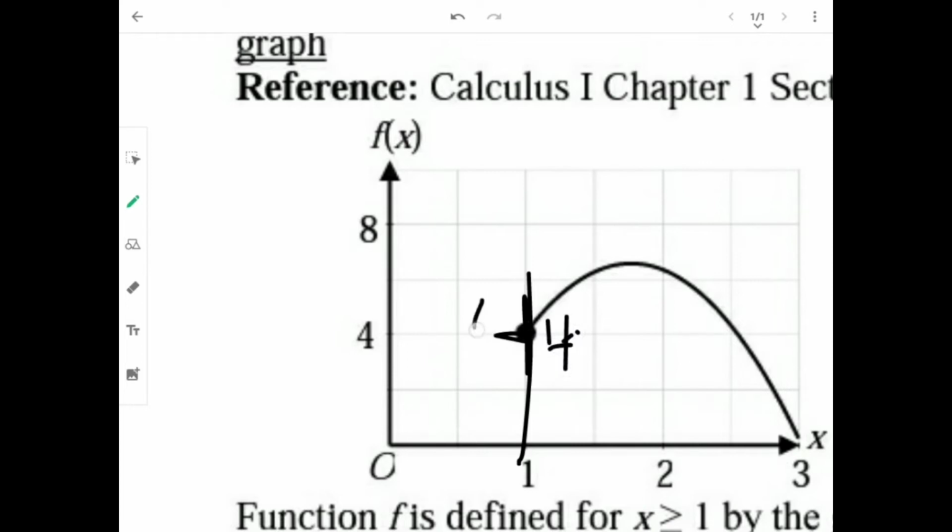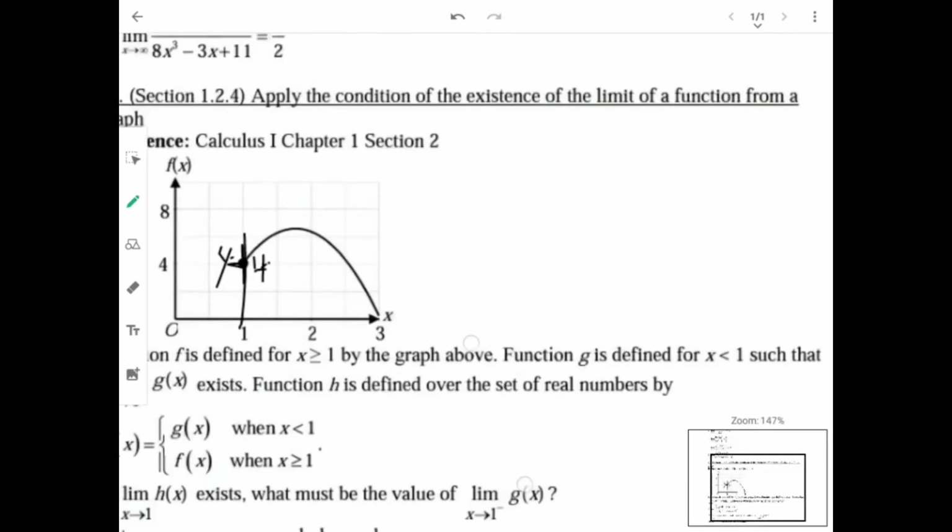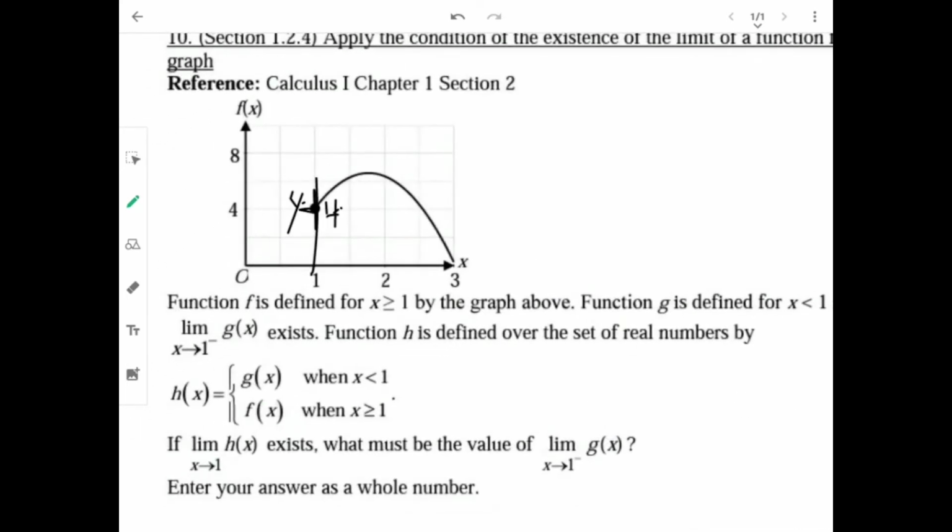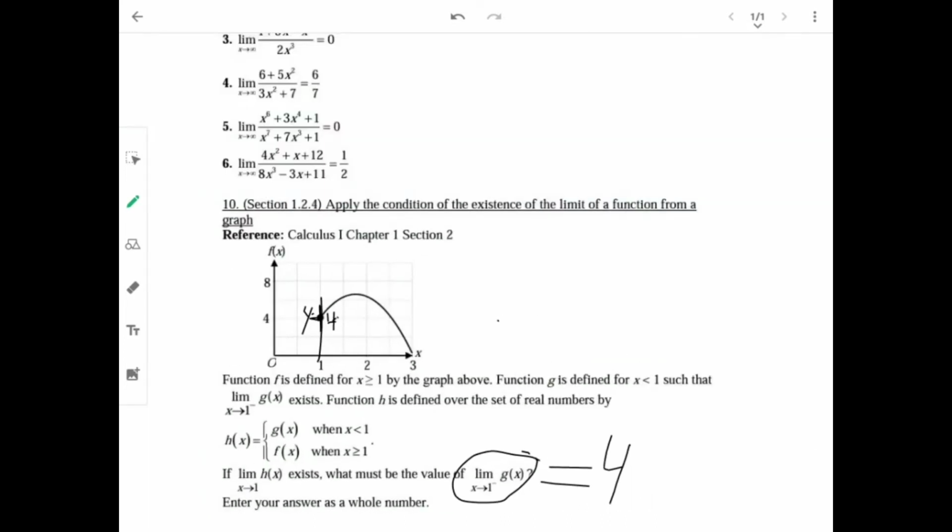The same thing, so 4. So the function g of x as it approaches 1 is equal to 4. So not the whole function must be 4, but the y value at 1 must be 4 from the left. And that is the 10th question.